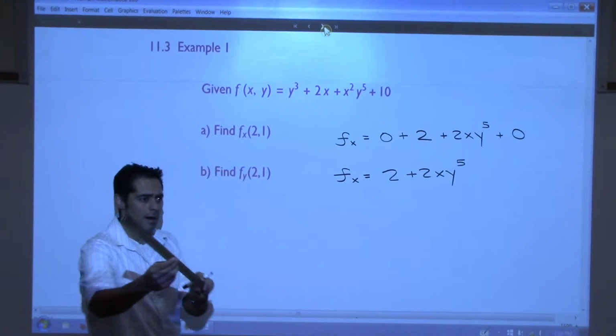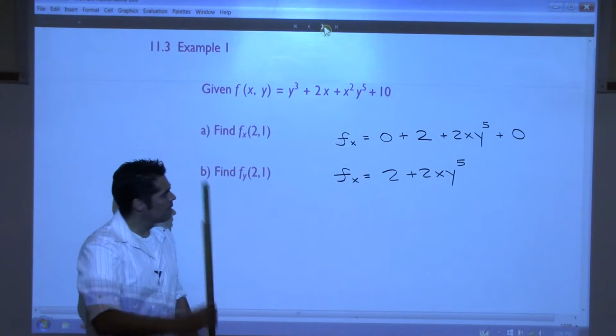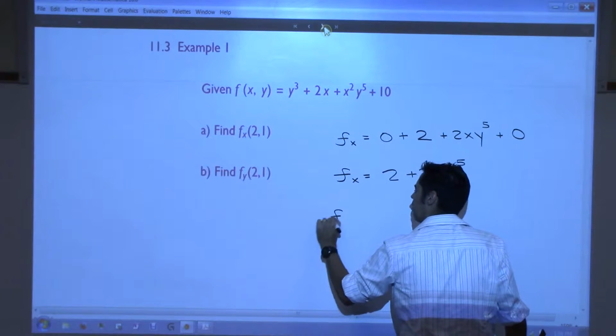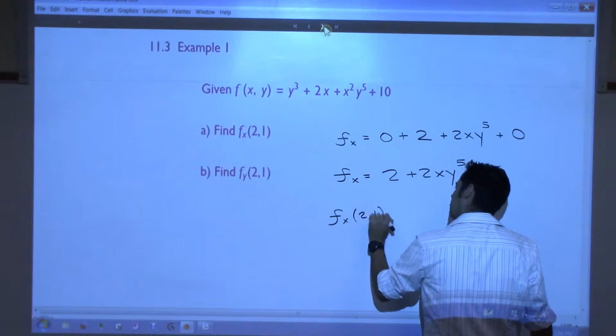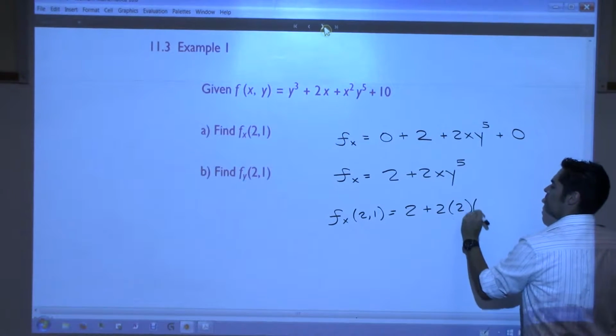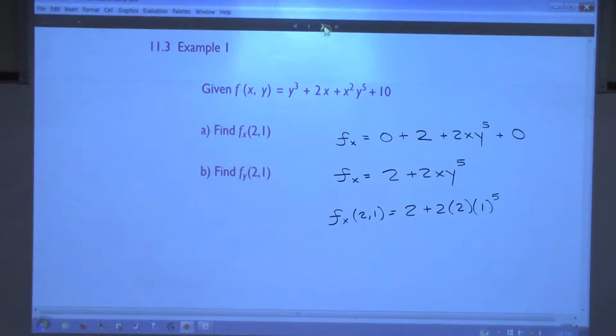So I'm going to need to know where I am on the surface in order for me to determine that slope. And that's what's given, right? 2, 1. So what is the partial derivative at 2, 1 equal to? So 2 plus 2 times 1 to the 5th, right? That's all you're doing, plugging in 2 for x and 1 for y. And what is that? 6.